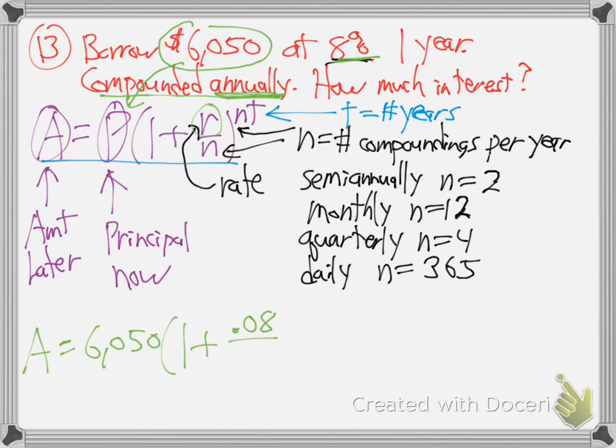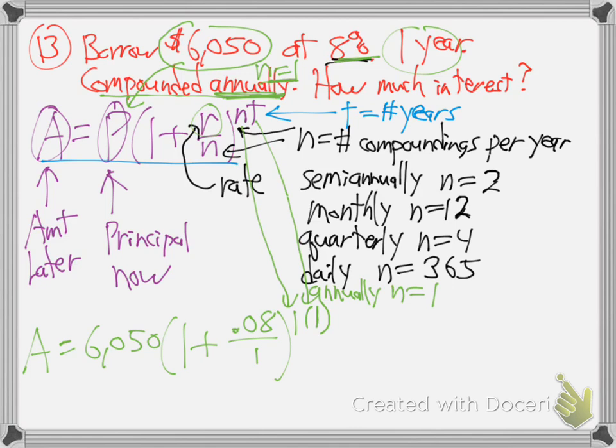Annually just means N is 1. That's just once a year, like you have a birthday annually, or Christmas comes annually. Put a 1 there, and for the exponent N there, 1. And then the T is also 1 year. So those are both 1. So there's what you do. Now type that into your calculator. I'm going to type it into mine.